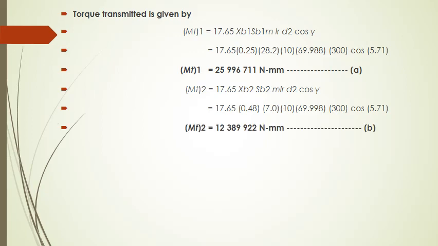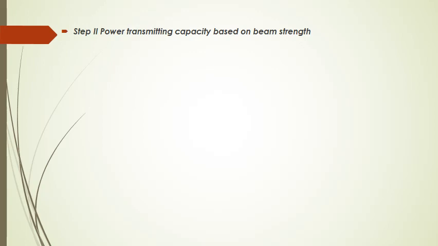Therefore, MT2 is equal to 12,389.922 Newton mm, that is B. Comparing A and B, we are getting the lower value of the torque on the worm wheel is 12,389.922 Newton mm.